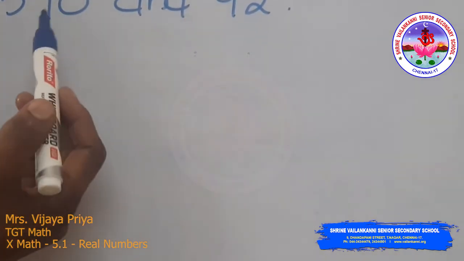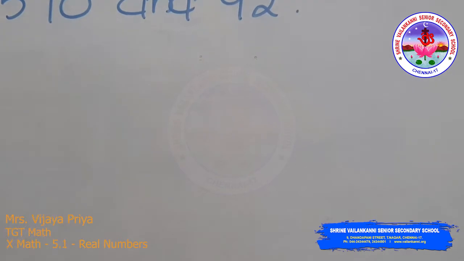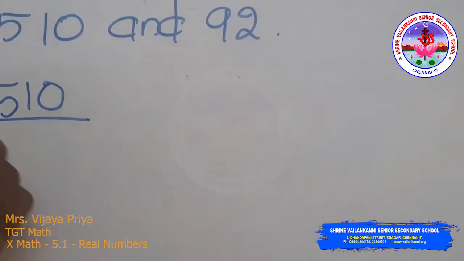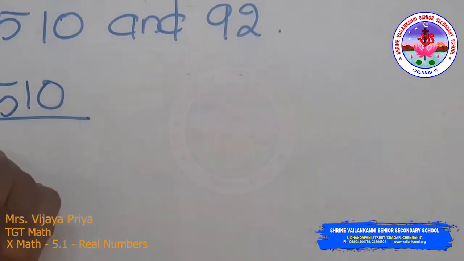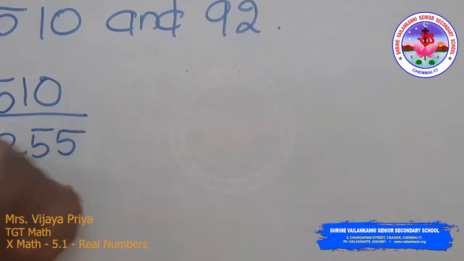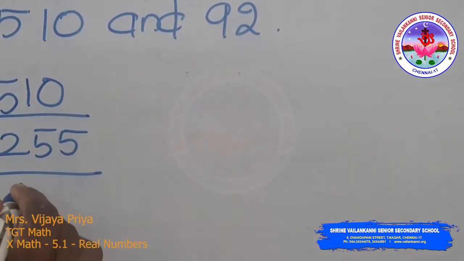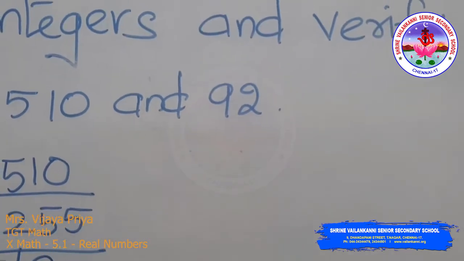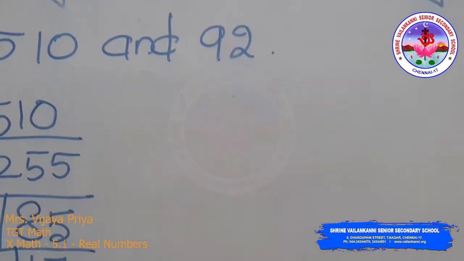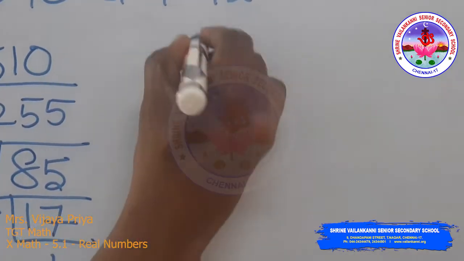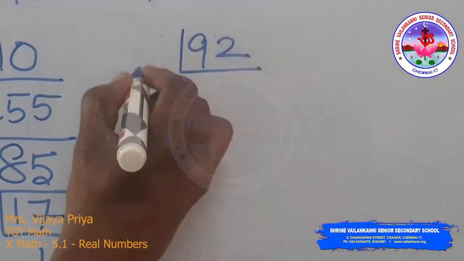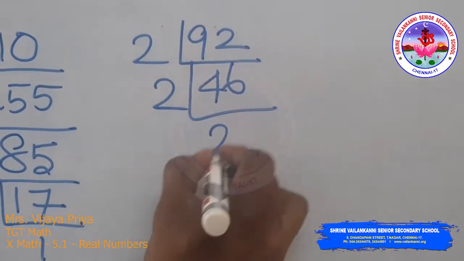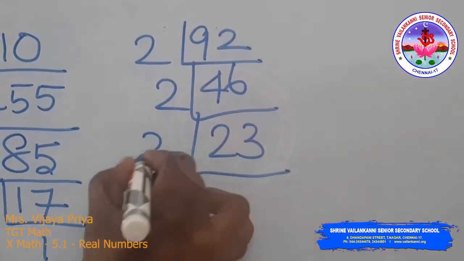Now the second subdivision, 510 and 92. I want to find the LCM and HCF for the given numbers. I am doing 510. Using the table of 2, 255. Now the table of 3, you will get 85, and again the table of 5, you will get 17 and 1. Going to 92, I will get 2 times 46, again 2 times 23, where 23 is a prime number.